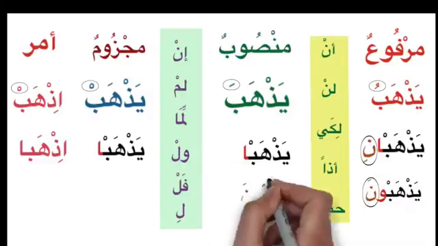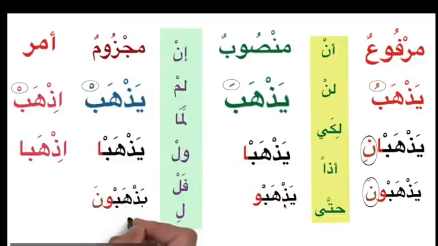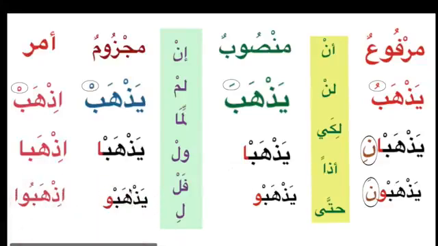But when it is mansub, we just take the noon away, so it will be yadhhabu. There's a typo here, unfortunately. Yadhhabu for the majzum as well, and amr will be idhhabu. So this is just a quick revision for us.